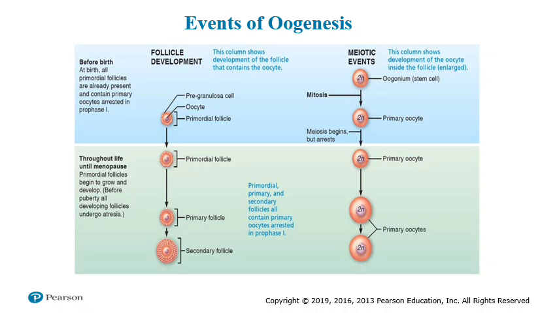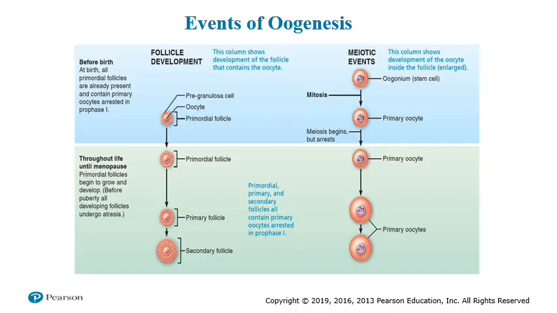So all of the eggs are already there, ready, but they have not completed meiosis 1. They are all arrested in prophase 1.